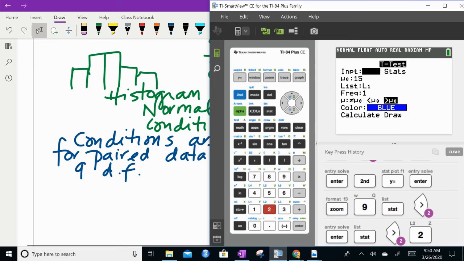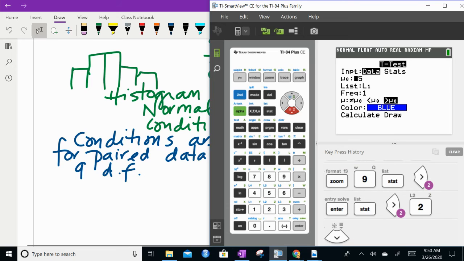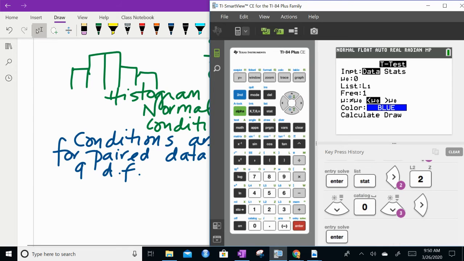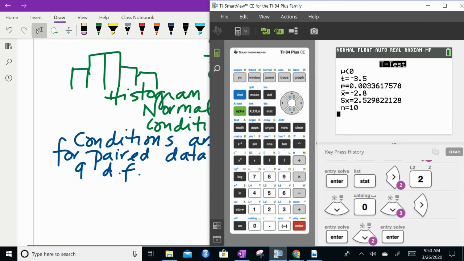Number 2, we're using data. We need to change our null mean to 0, that there's no difference. It is list 1. We're going to move to less than. And so let's go ahead and calculate first.